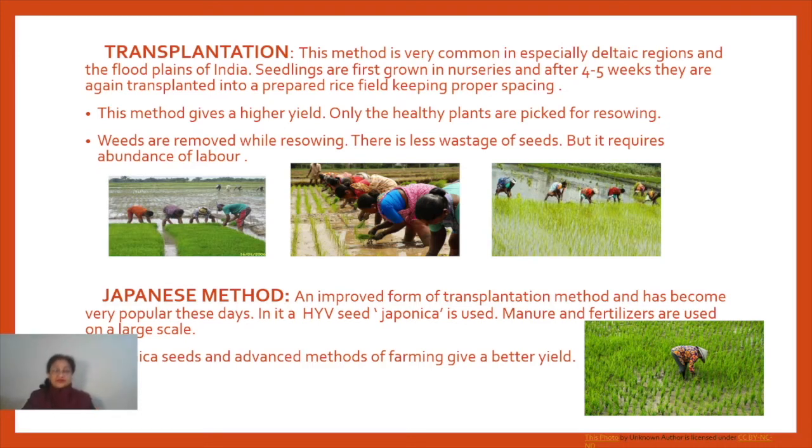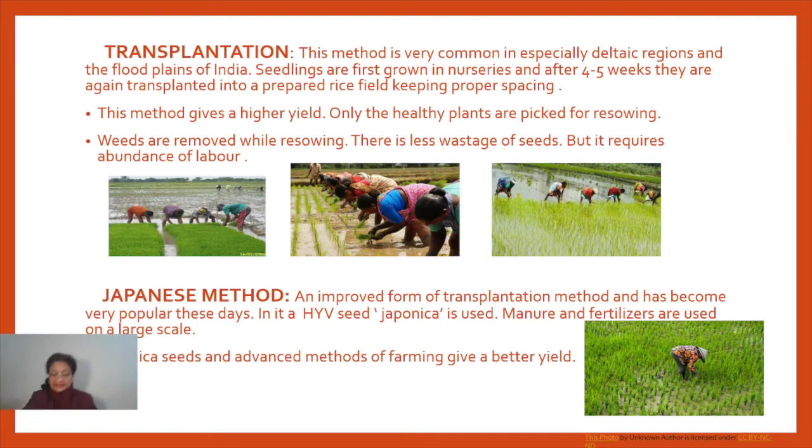So ultimately the yield becomes much better, quality wise as well as quantity wise. Both ways the yield is much better by this method. This is the fifth method of cultivation of rice in India, and it is becoming popular these days.